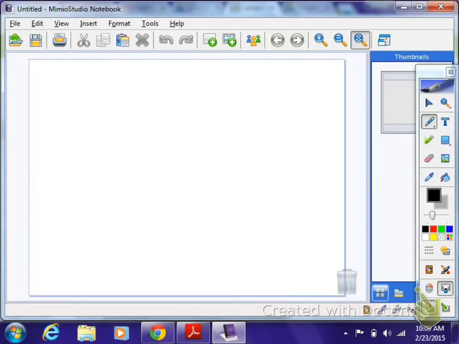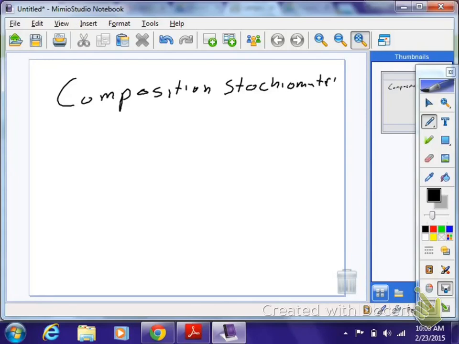Composition stoichiometry involves just the individual formulas and how the weights all relate.